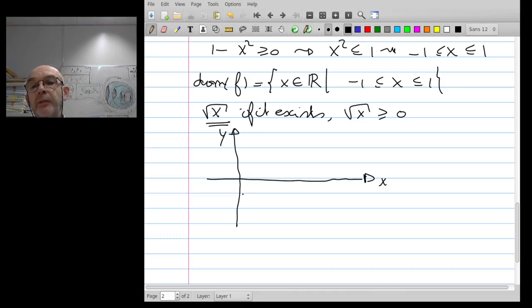But if you have the definition of the square root, here you have the graph of the square root of x.